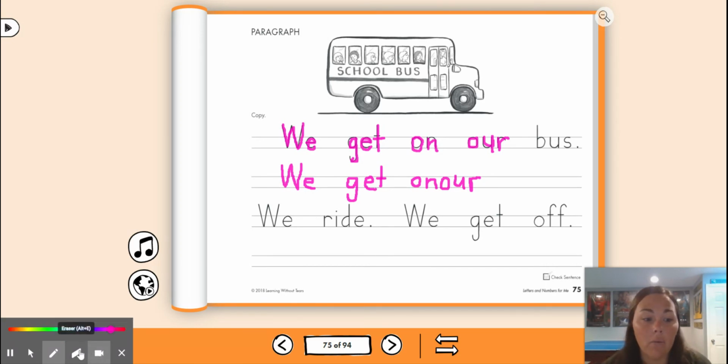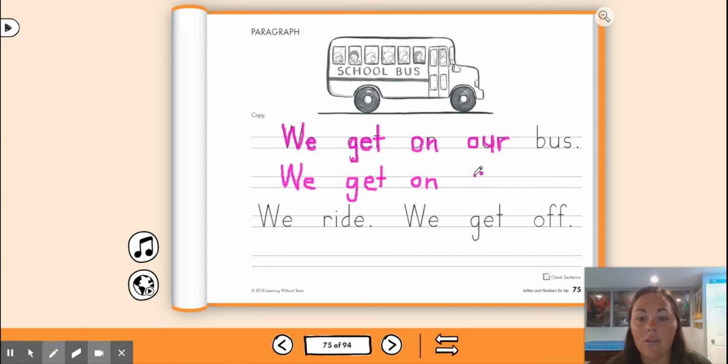So I'm going to erase this really quick, and I will make sure I leave a space so that I can read it better. O, U, R. And then our last word is bust, and B is a tall letter, so above the line, up, curve around, U, and S. And what do we put at the end of our sentence?